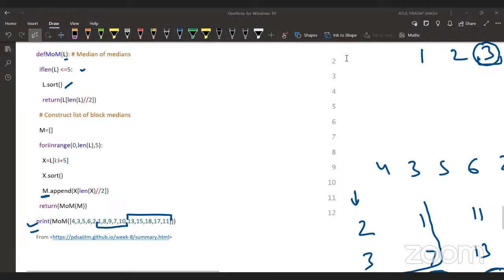Okay, so complexity we can check. This is the first case. Here we are just checking the base case actually. If len of L is less than or equal to 5, we perform L dot sort and return the middle element of the sorted elements. Here the number is fixed at 5, so this block of code is not dependent on our actual input size.